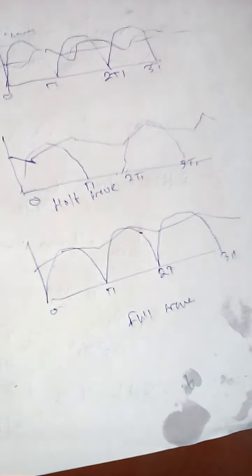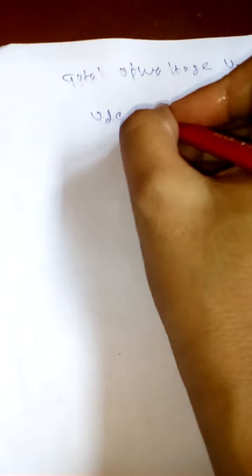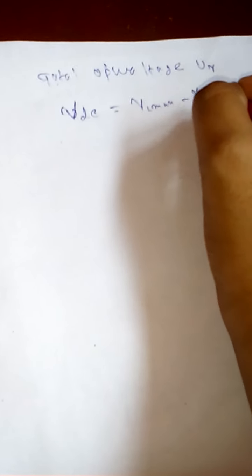So for full wave we get this type of waveform. Now for the calculation part, for the approximate value, the total change of voltage is the ripple output voltage VR, and the average DC output voltage VDC is the voltage between VL max and the minimum value, B and C. So VDC is given by VL max minus VR by 2.